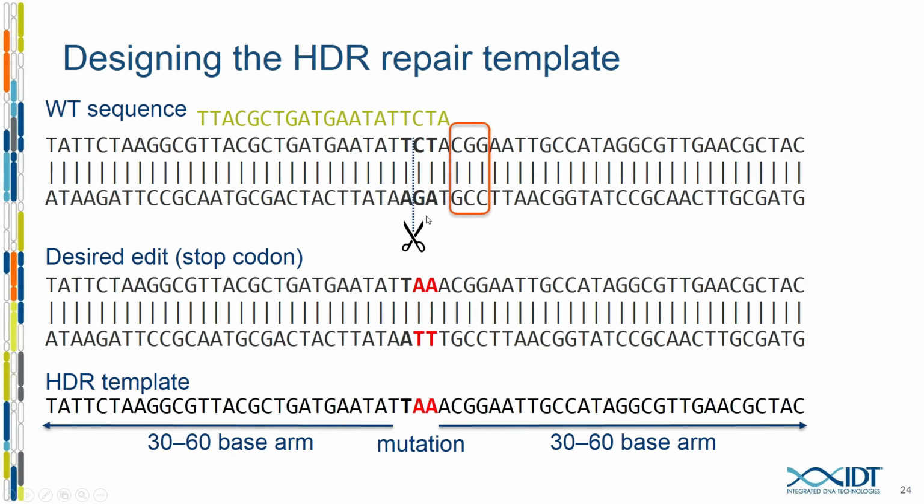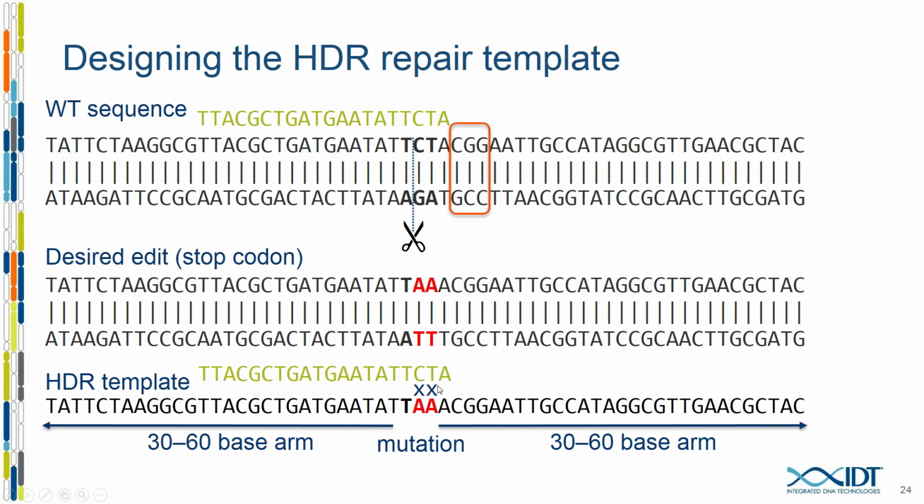One thing to note, though, and one last consideration on designing that HDR template, is it's important to think about after that HDR has occurred, whether or not your guide RNA sequence has a risk of recutting at that site that you've mutated. Now, in this case, we have two mutations that have been introduced, and they're very close to the actual PAM site itself.